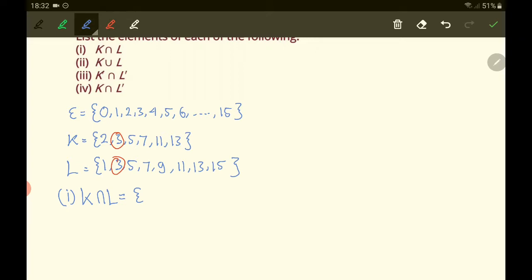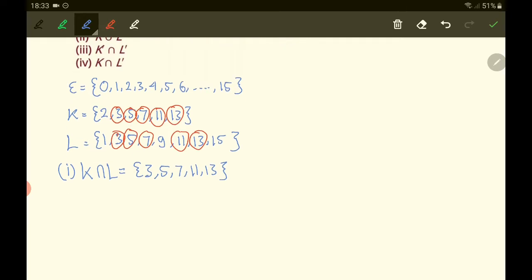Then we have 5 common, and also 7, 11, and 13. So we list down all the common numbers: 3, 5, 7, 11, and 13. So this is K intersect L. Done, easy.